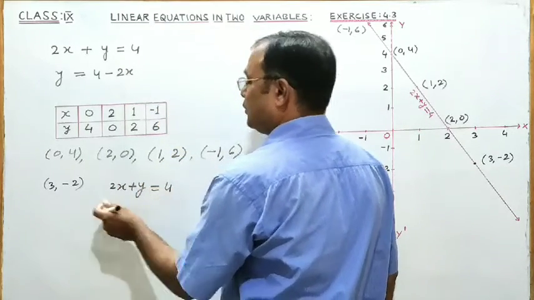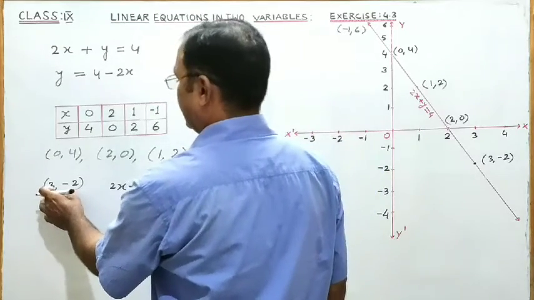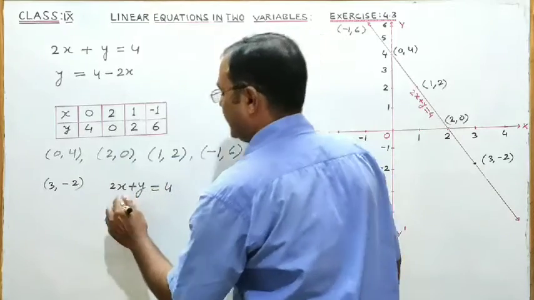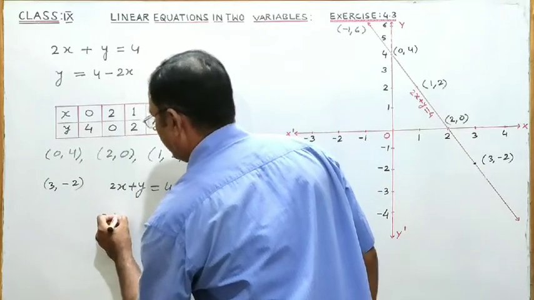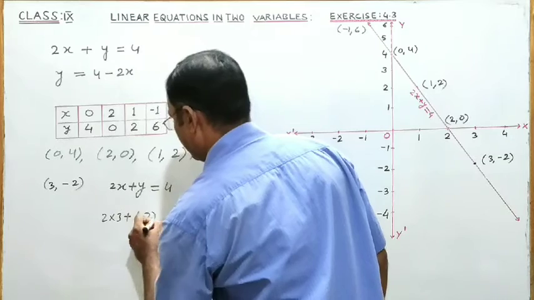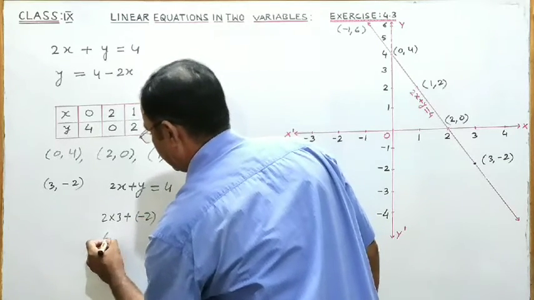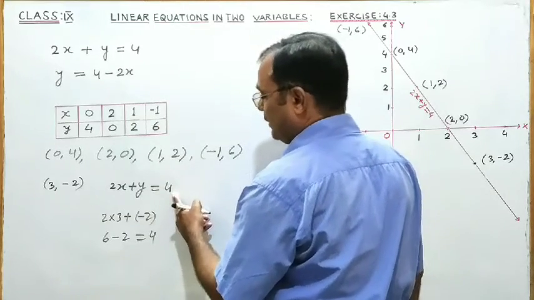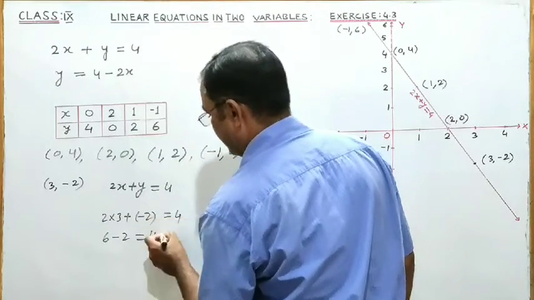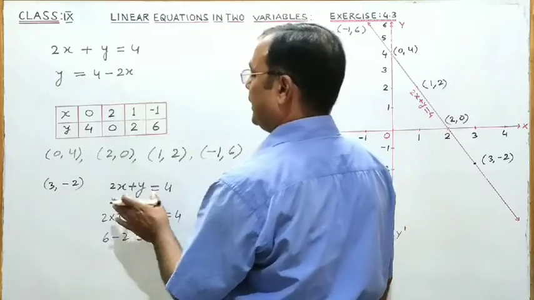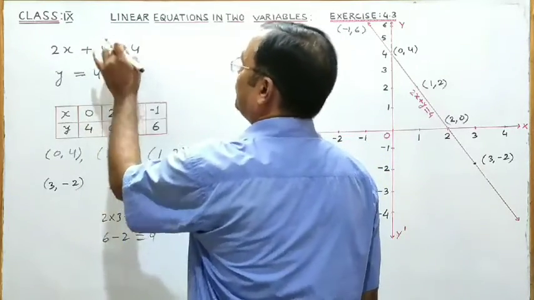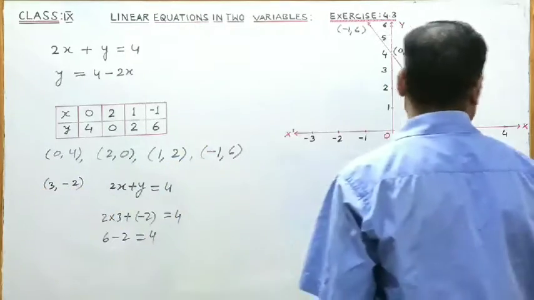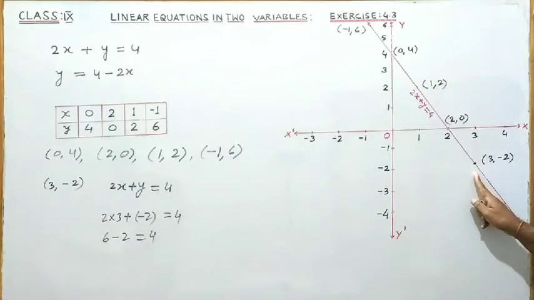Let's put 3 in place of x and minus 2 in place of y in this linear equation. So 2 into 3 plus minus 2, that is 6 minus 2, equals 4, and the right side is already 4. So it means the equation 2x plus y equal to 4 is satisfied by this point (3, minus 2), which lies on the graph of the linear equation.